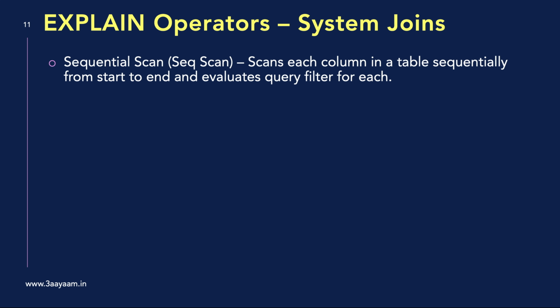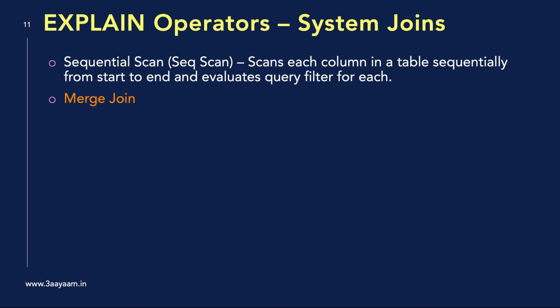We do not have any query filter because we did not mention any filter in the where condition. There was only the join condition. If we had mentioned a query filter, the sequential scan would scan the entire table from start to end and then apply the filtering condition on each of the rows.